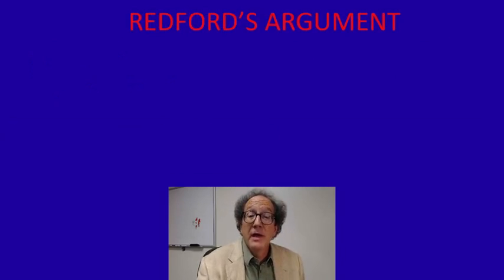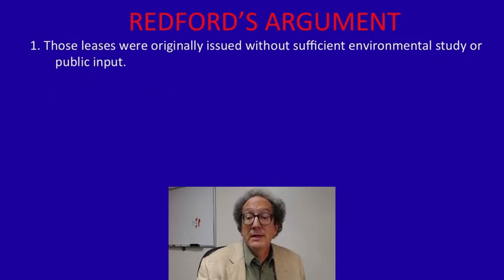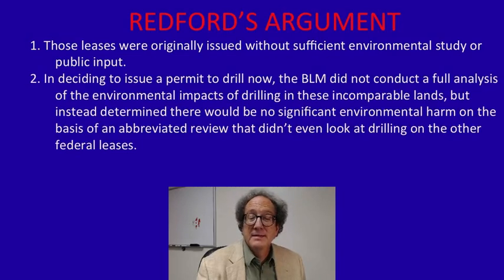Now that's the BLM's argument that Redford is arguing against. Redford's own argument on the other side starts with the premise, those leases were originally issued without sufficient environmental study or public input. Second premise, in deciding to issue a permit to drill now, the BLM did not conduct a full analysis of the environmental impacts of drilling on these incomparable lands, but instead determined there would be no significant environmental harm on the basis of an abbreviated review that didn't even look at drilling on other federal leases.